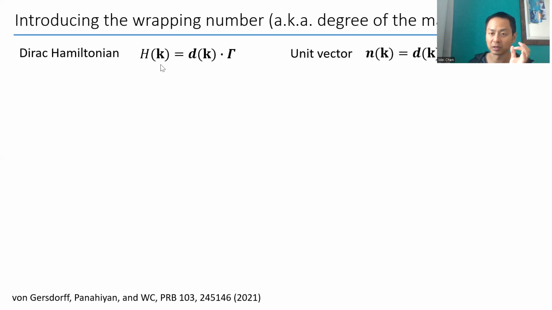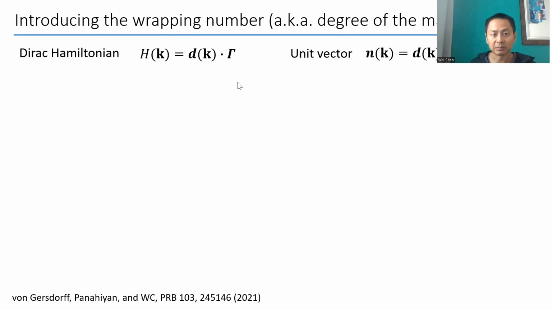You start from a Dirac Hamiltonian, since this is a minimum model for all the topological materials, where this d(k) characterizes the momentum dependence of the Hamiltonian, and gamma is the Dirac matrix. And you can also construct a unit vector n(k) from d(k) divided by its modulus, like this.